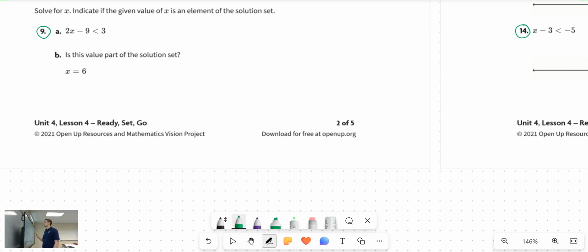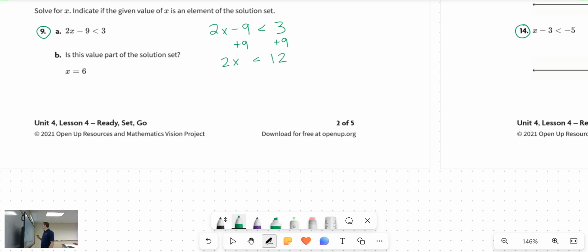So first question. All right, 2x minus 9 is less than 3. We're doing inequalities here. So we can add 9 to both sides without flipping anything. That's totally fine. So we get 2x is less than 12.